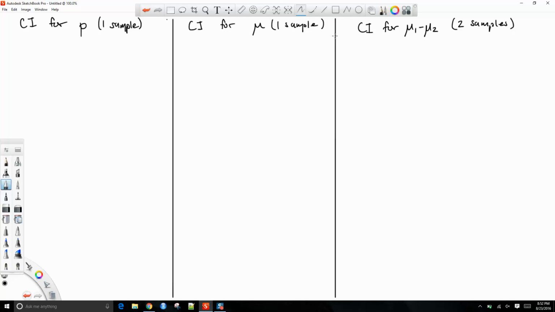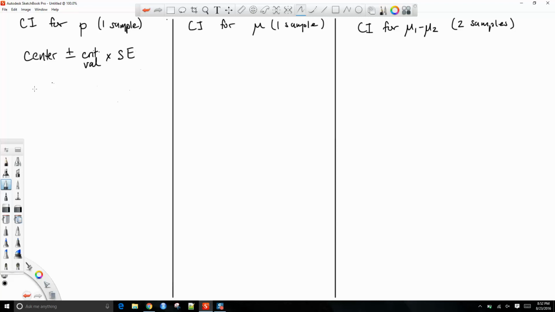Okay, so confidence intervals for P with one sample. The primary formula, for all of these, will be the center of the interval plus or minus critical value times standard error.